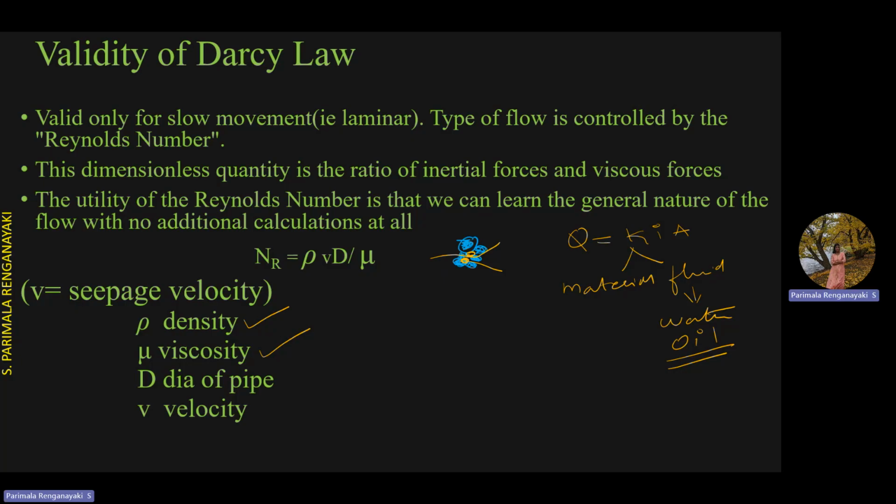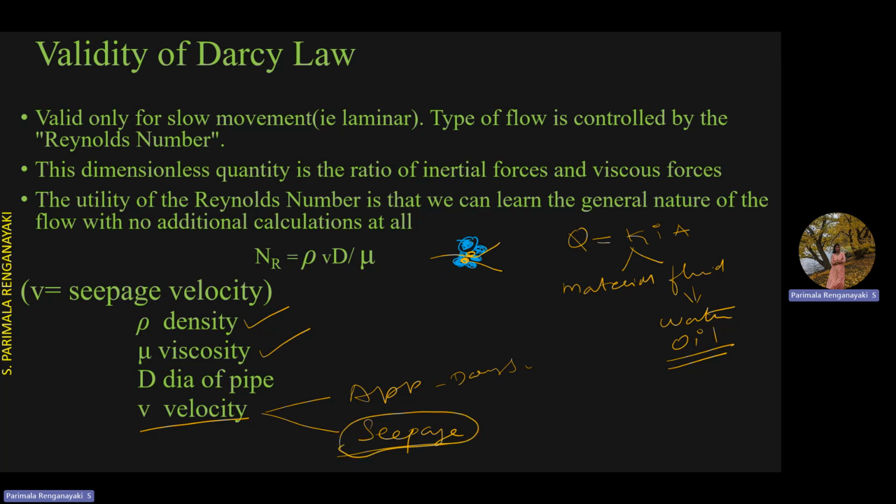Then this V is nothing but velocity; we studied two velocities. One is apparent velocity, the other one is seepage velocity. Which is the real velocity? Apparent velocity is called Darcy's velocity and actual velocity is seepage velocity.